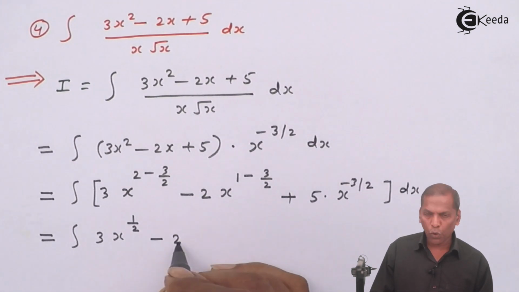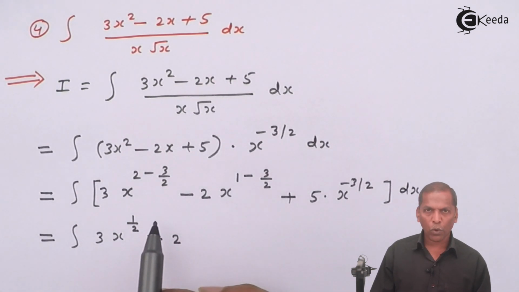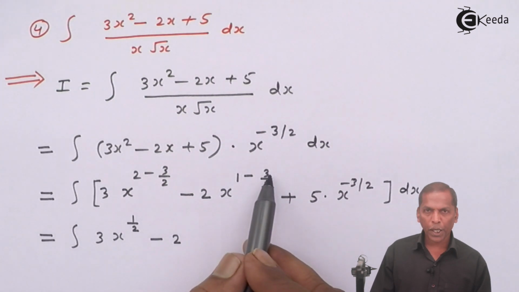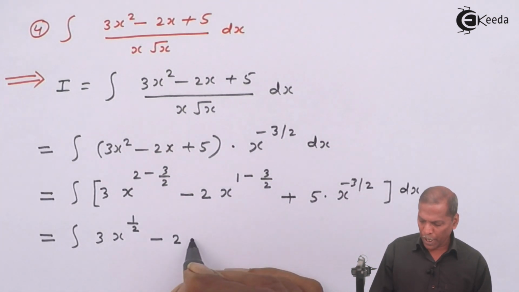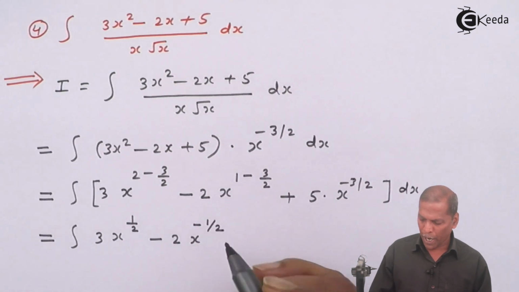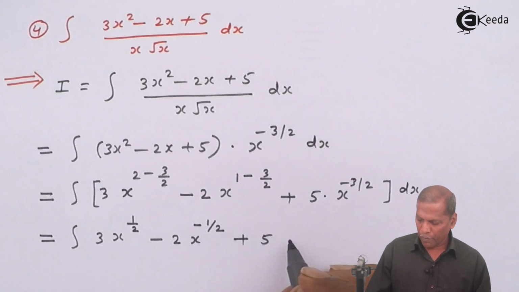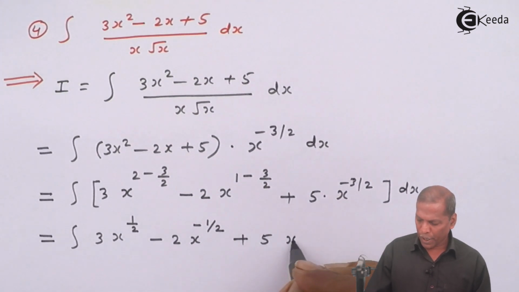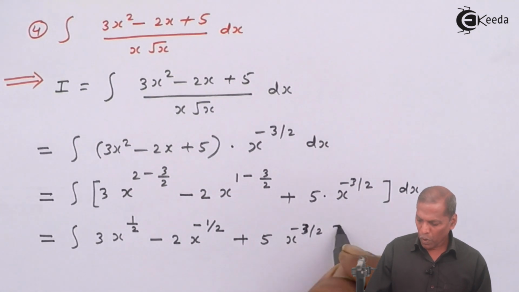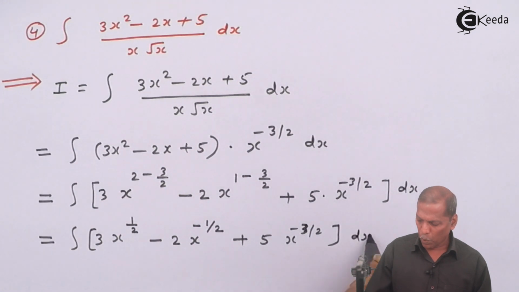Then minus 2, now x raised 1 minus 3 by 2 on cross multiplying we get 2 minus 3 upon 2, that is x raised minus 1 by 2. Then plus 5 into x raised minus 3 by 2, bracket complete, into dx.